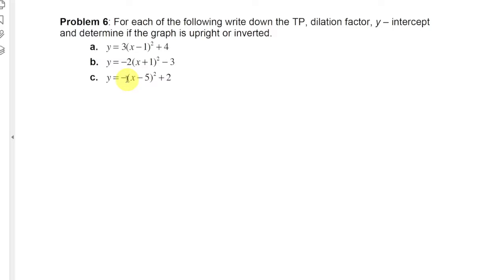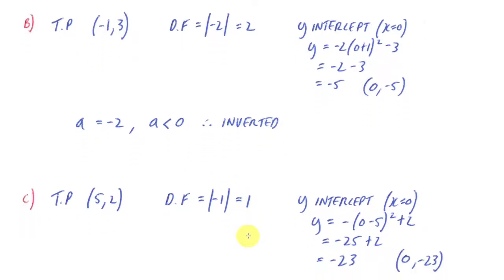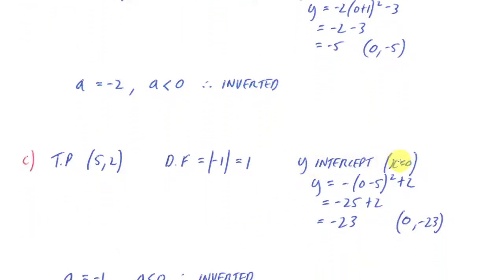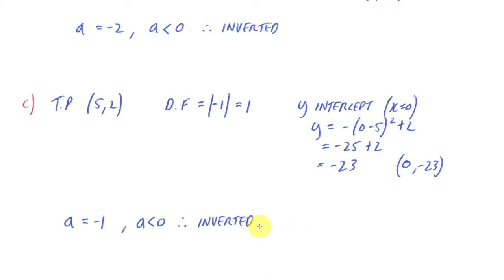If I look at the magnitude of -1, it's 1, so the dilation factor is just 1. Y-intercept, I sub x equaling 0 into the rule to establish that y is -23, creating a y-intercept of 0, -23. As I said before, it's inverted because of the negative out the front of the bracket.